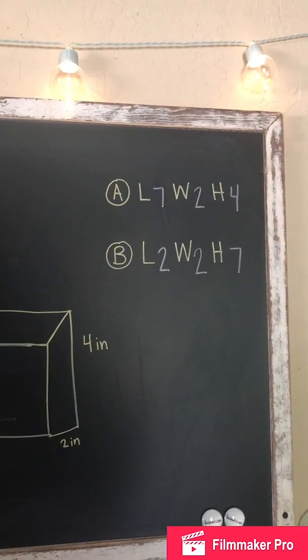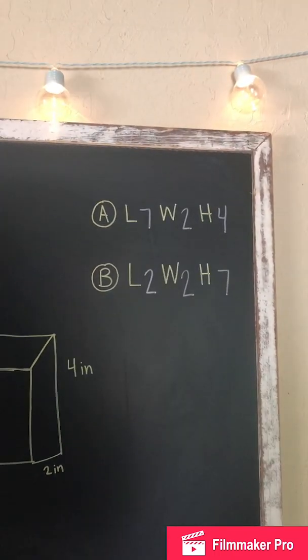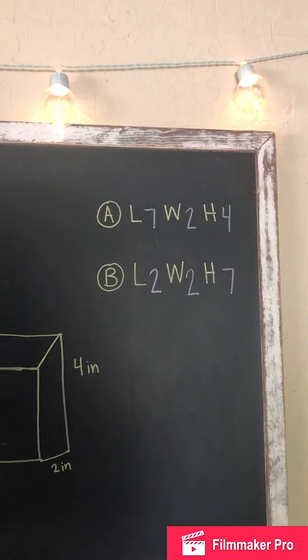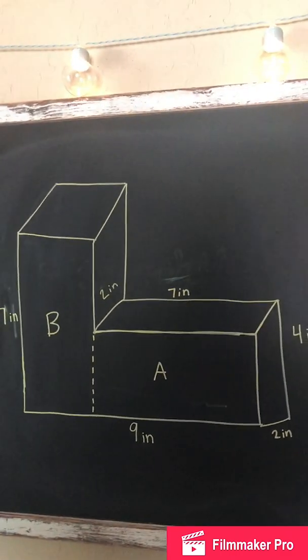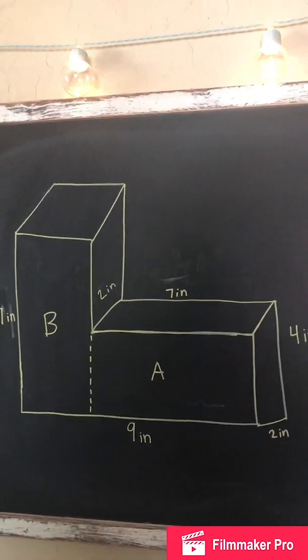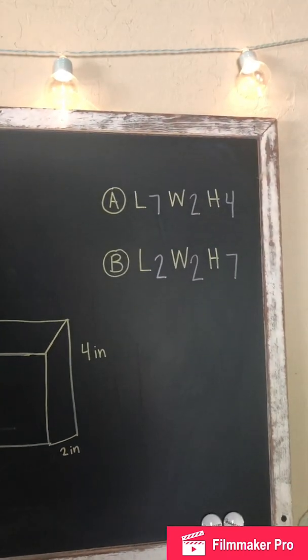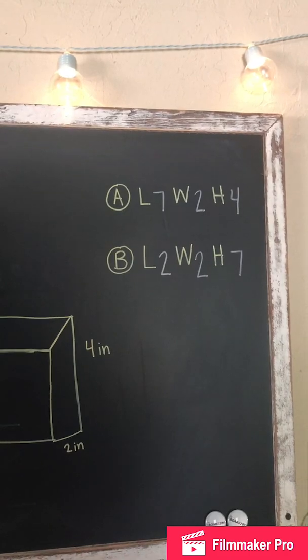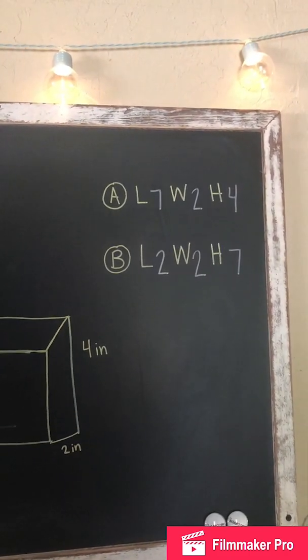Now finding volume will be easy. Our next step in finding volume is finding out what's the volume of one of these shapes. So let's start with rectangular prism A. What's the volume of rectangular prism A? We know that our volume formula is length times width times height.